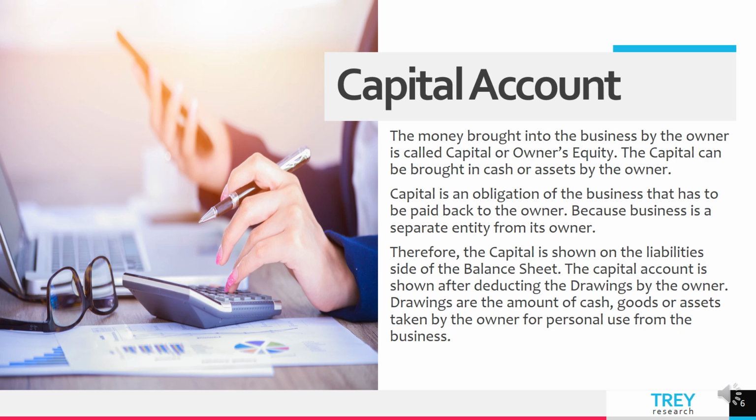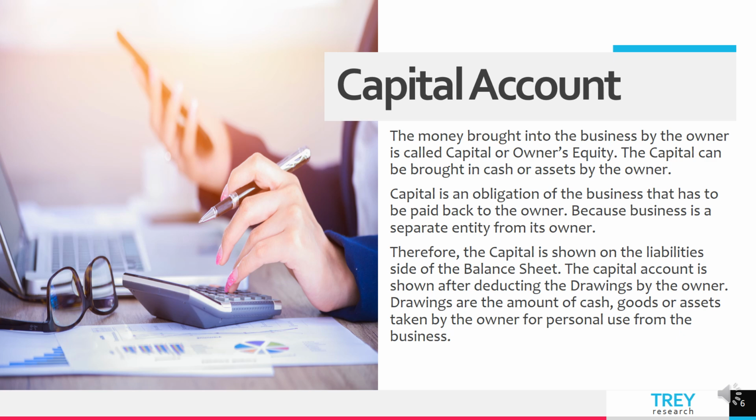Okay, so that's the reason why when the owner is putting some amount of money into the business, the business owes that amount to the owner. The reason for this unique aspect of capital is that they are both separate entities according to law.